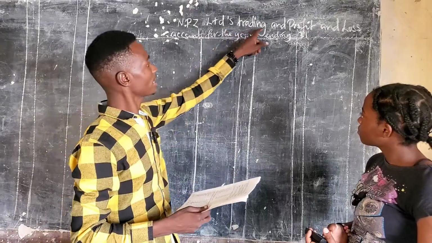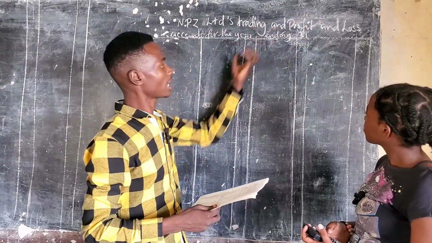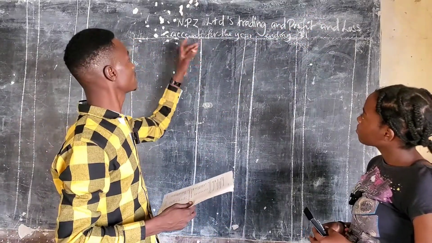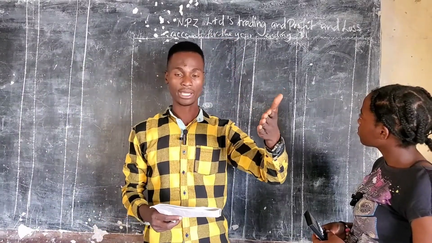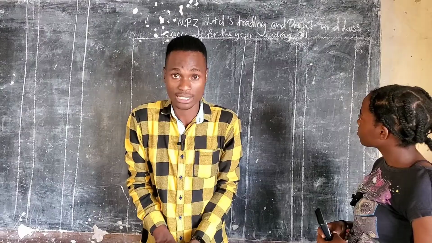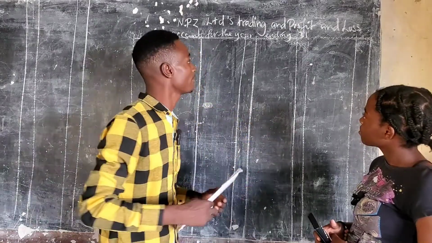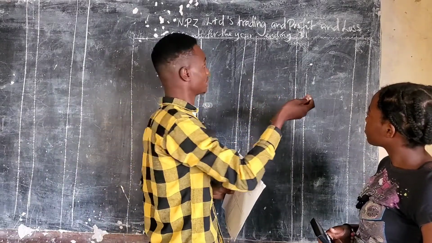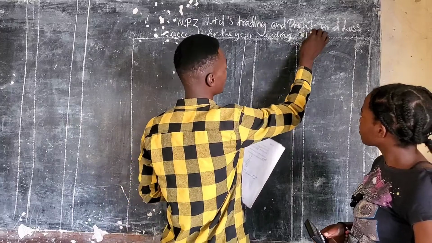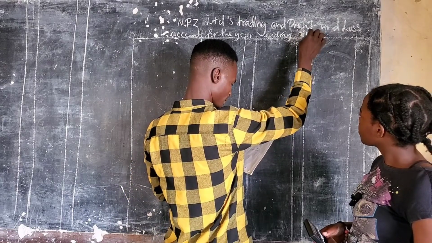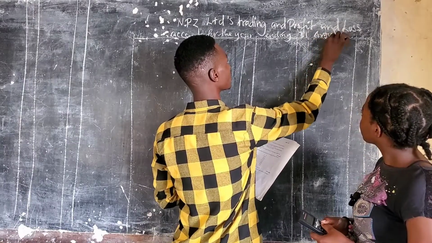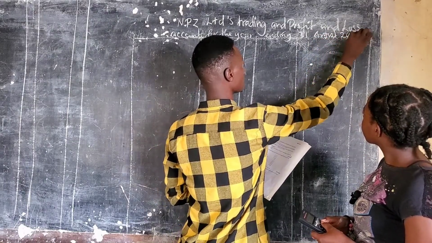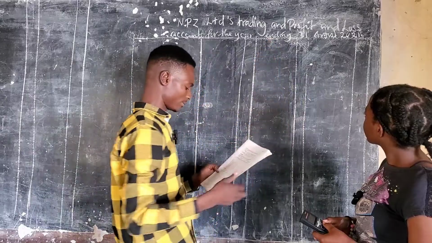Now, the trading and profit and loss account, these are accounts that we are preparing. Then these accounts are prepared as the year is ending. Not on the actual date or as at, but as the year is what is ending or ended. For the year ended 31st August 2021.